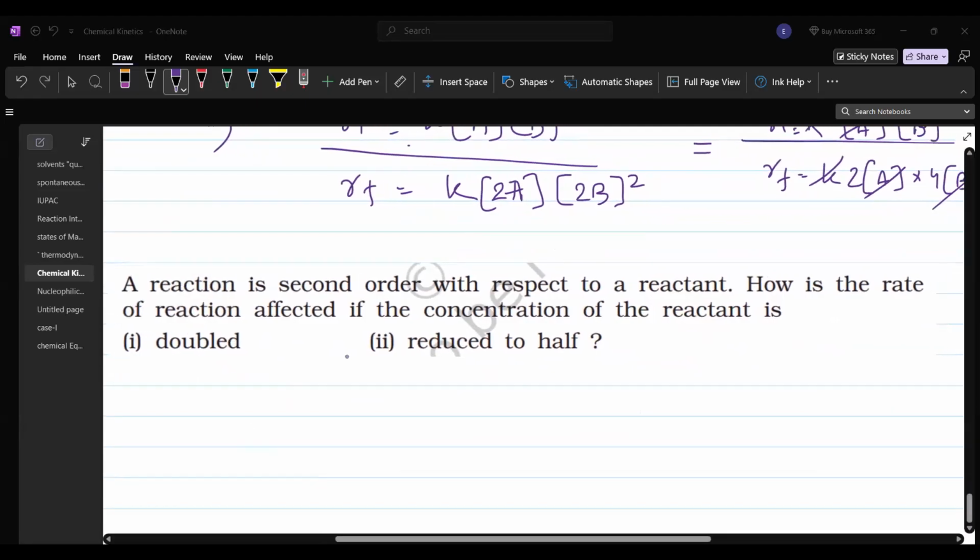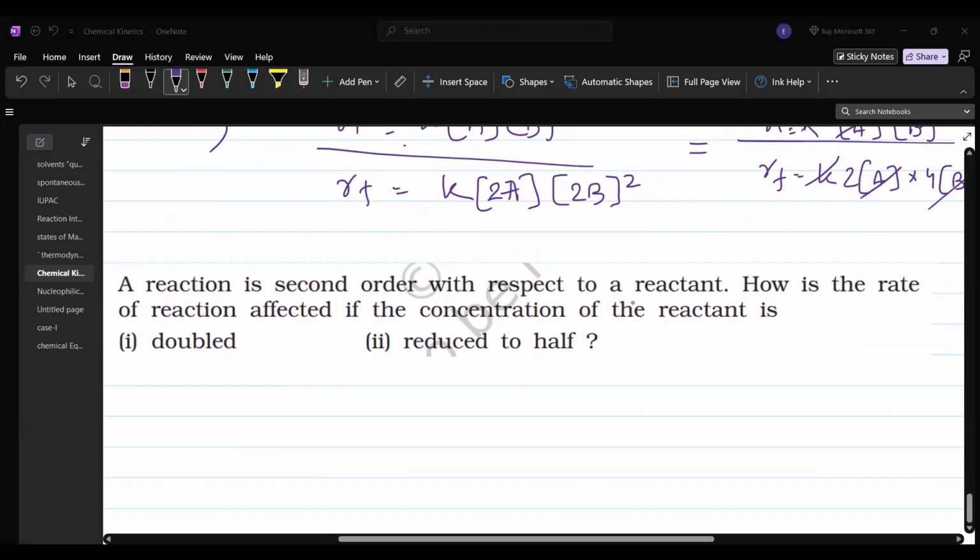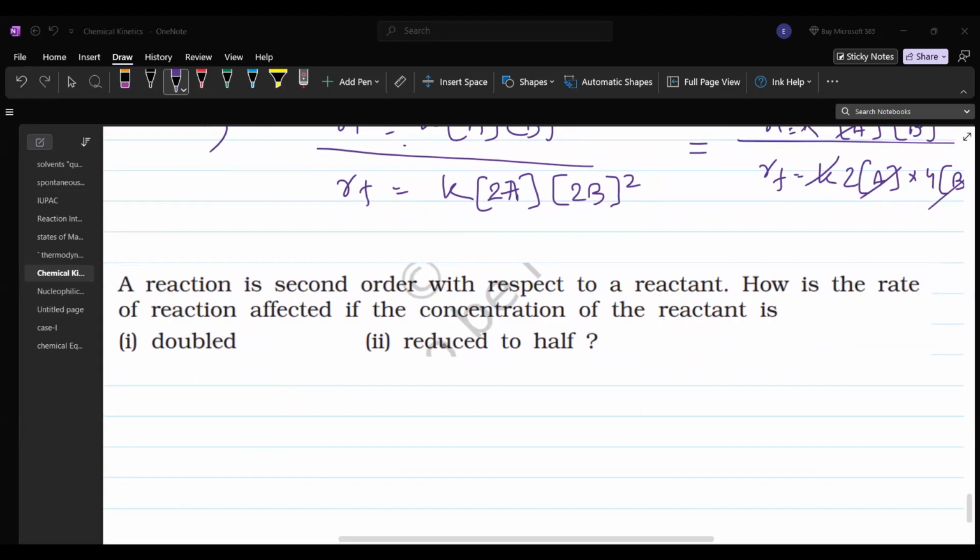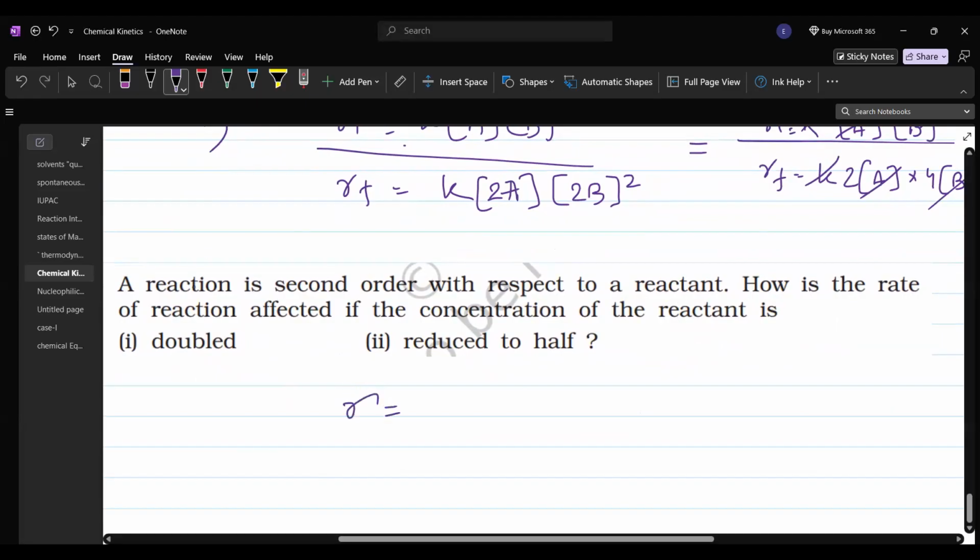Question given is the reaction is second order reaction with respect to a reactant. How is the reaction affected if the concentration of reactant is doubled and reduced to half? So there are also two parts given in the question. So here the reaction rate is second order. Are you getting this?